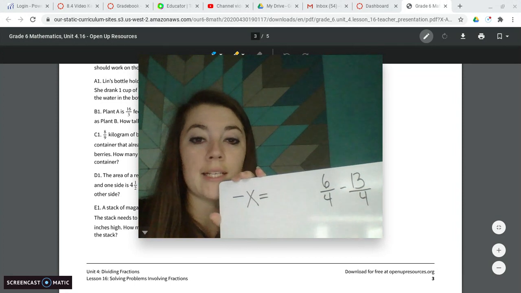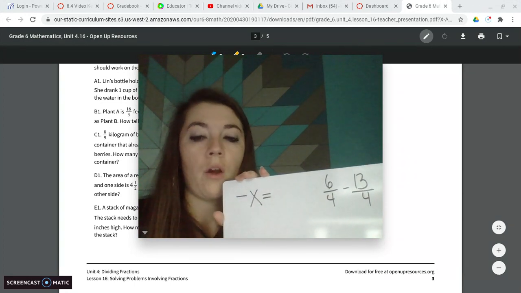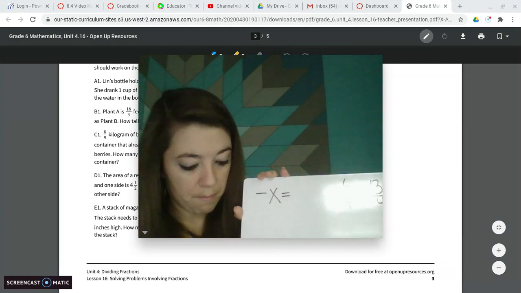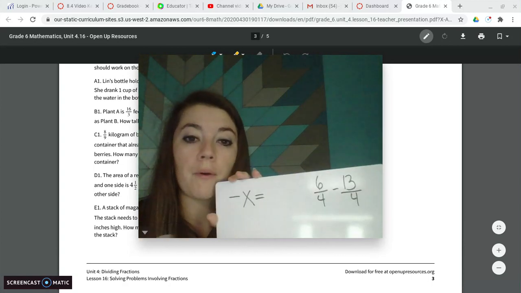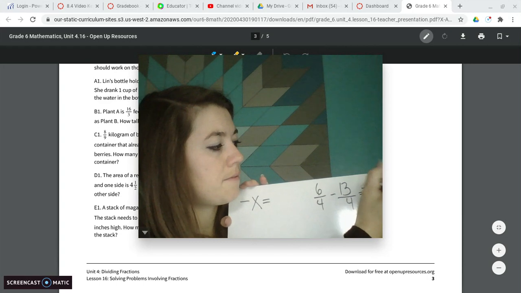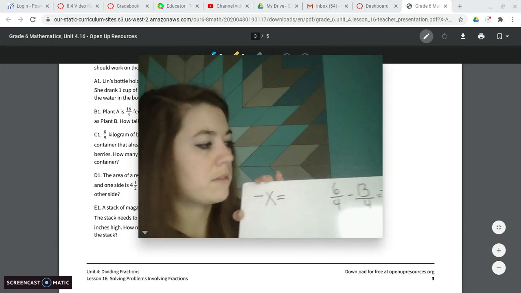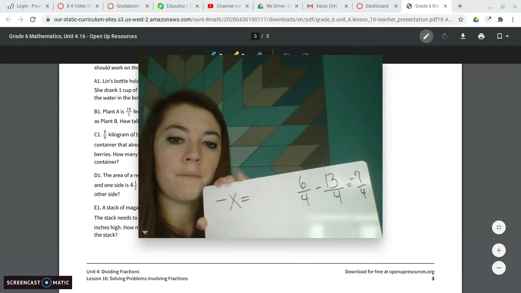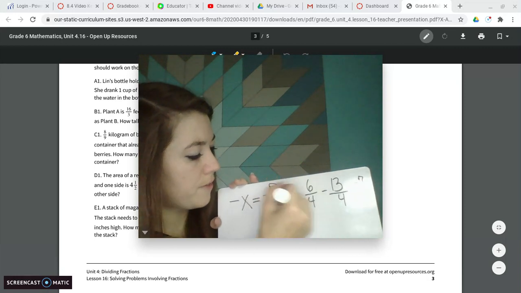If we take 6 minus 13, we are going to end up with a negative number, but it's going to be okay because our x is also negative. So this equals negative 7/4.